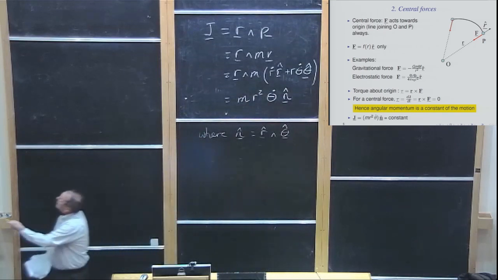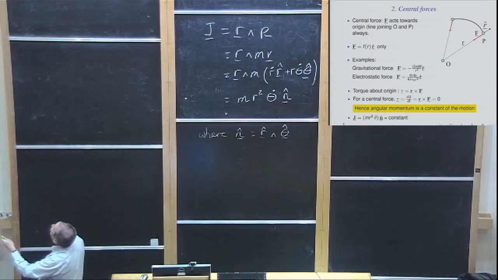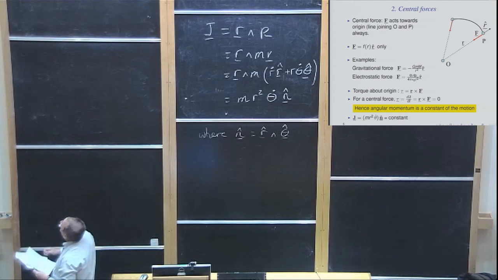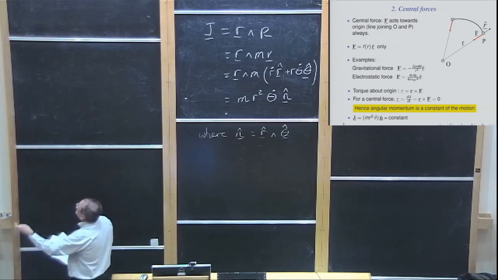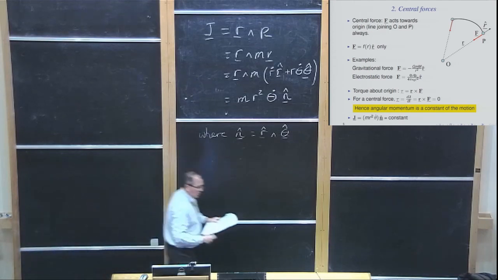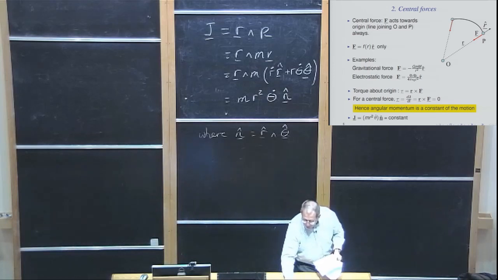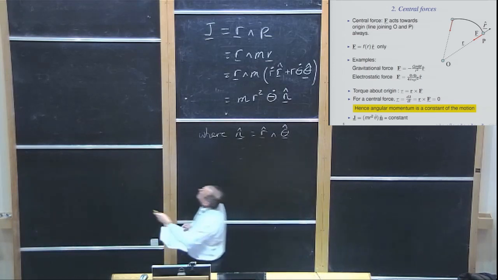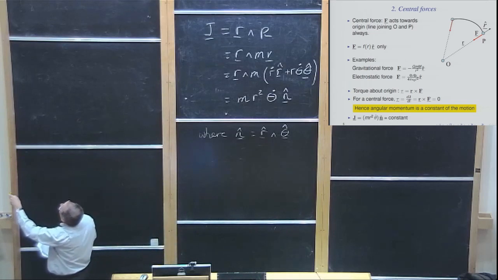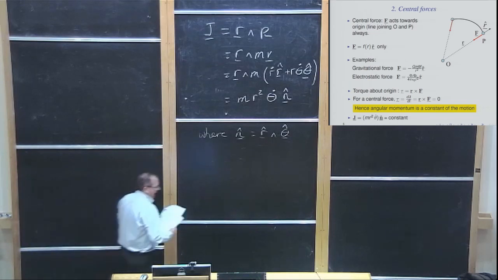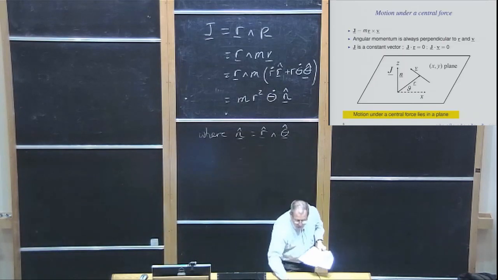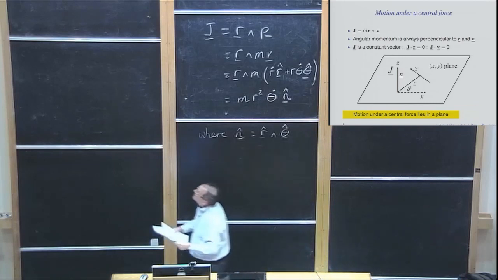So the value of the angular momentum is m r squared theta dot, and its direction is perpendicular to both r and theta. So if they are in the plane of this slide, J is pointing out of the plane of this slide. And J, to emphasize again, is a constant of the motion. So if I have a particle which is starting to move in this plane and J is conserved, what consequences will there be?